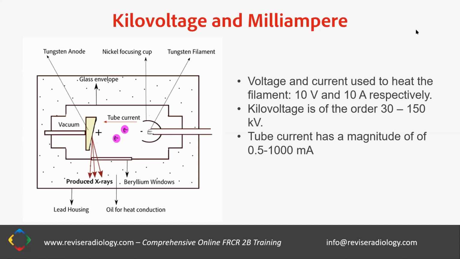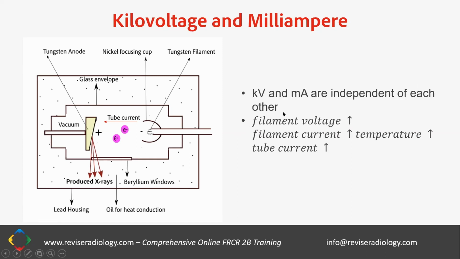The electrons which are released from the filament and which travel towards the anode constitute a current. They're a flow of charges. And it's a very small current. It has a magnitude of 0.5 to 1000 milliamperes. Milli is 10 to the power of minus 3. And these terms will often just be referred to as kilovoltage and milliampere, kV and mA, when you're discussing the X-ray tube. Very, very important terms that we have to know.